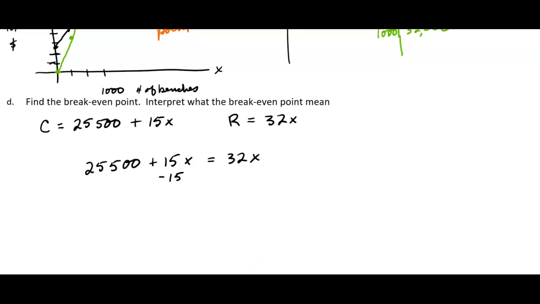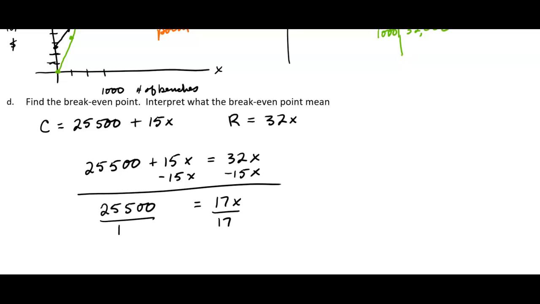Subtract the 15x from both sides, and I get 25,500 equals 17x. I'm going to divide by 17. And so I'm going to get x equals, now where's my calculator? Probably doesn't work out nicely, but let's see what we get. Okay, yeah, it worked out. 1,500.